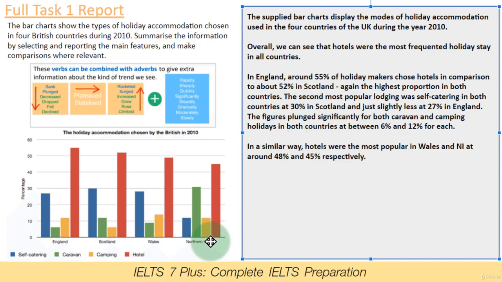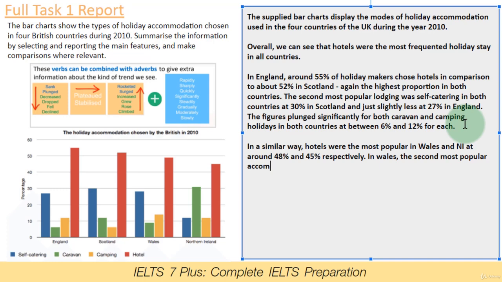Okay, so up next, we can say in Wales, the second most popular was self-catering, although this was one of the least popular modes in Northern Ireland. Let's write this in. In Wales, the second most popular accommodation, have I used that in the previous sentence? I haven't.